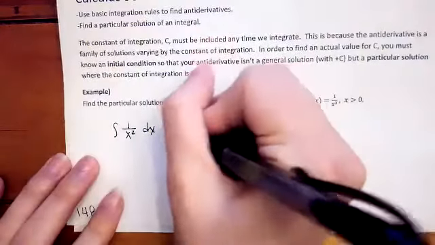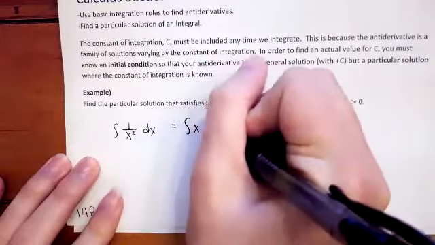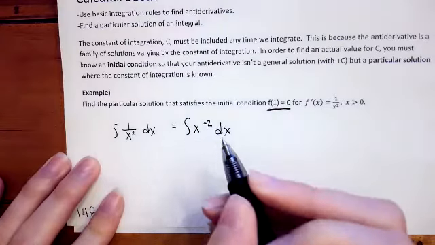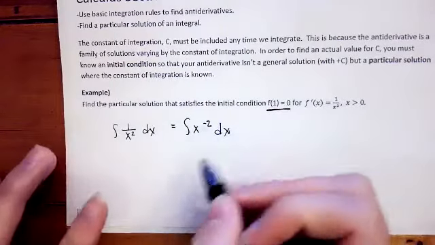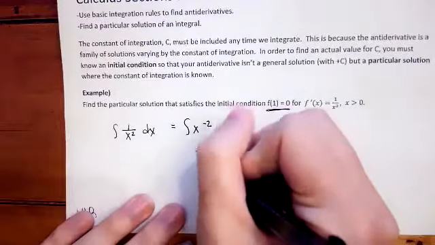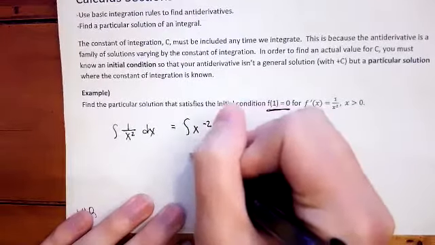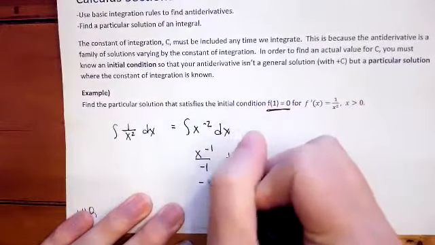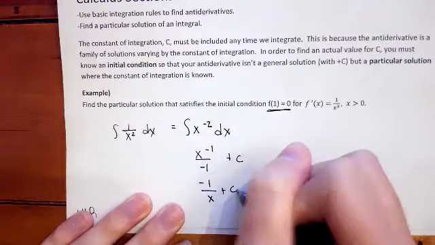Again, I can rewrite this integral to be x to the negative 2 instead. Okay, when I'm taking the integral and add 1 to the power, I'll have x to the negative 1 over negative 1, or negative 1 over x plus c.